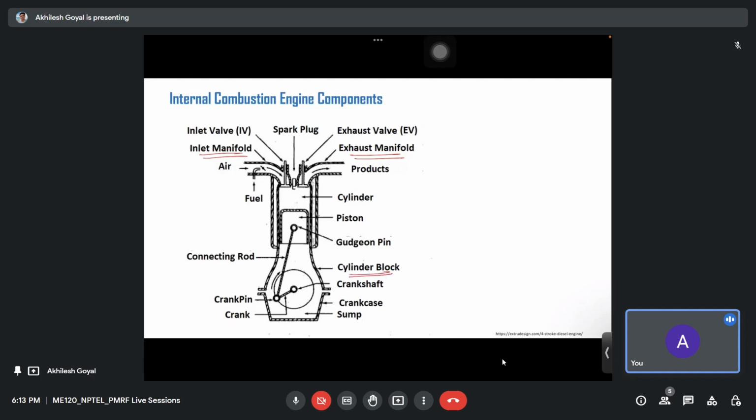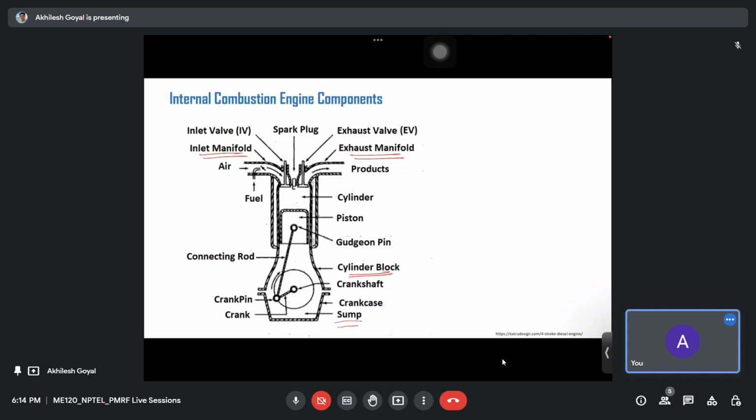This is a big part of the main covering that covers mainly the whole engine, and this is the sump here at the bottom, and this is used to store the lubricant that we call engine oil.